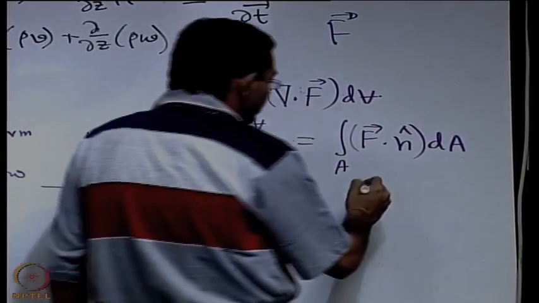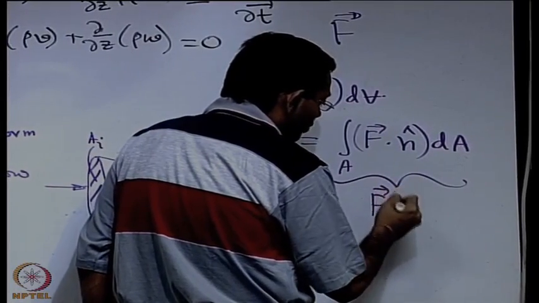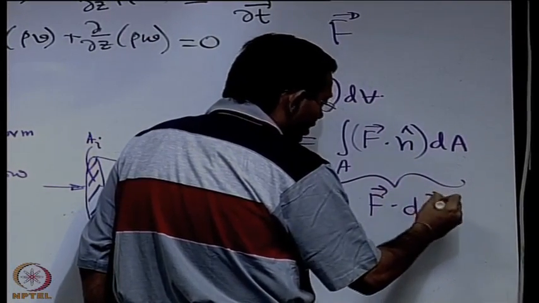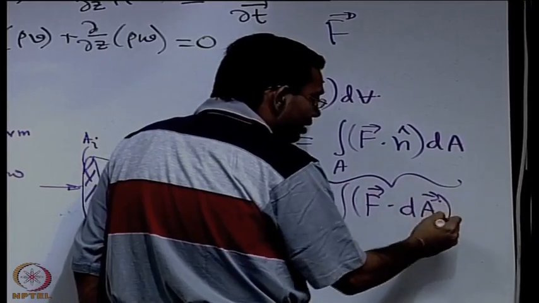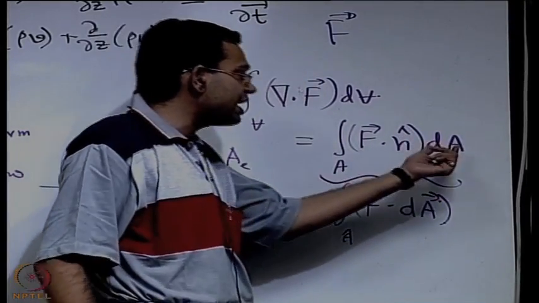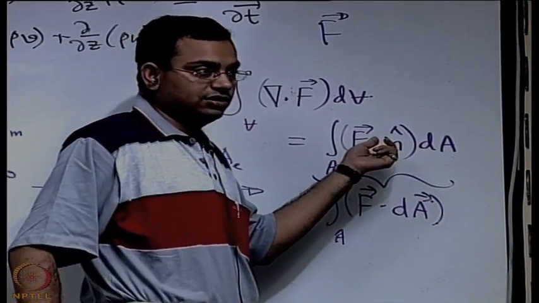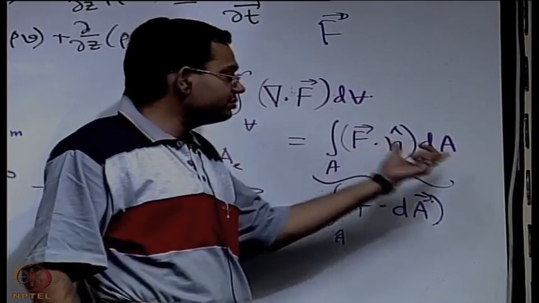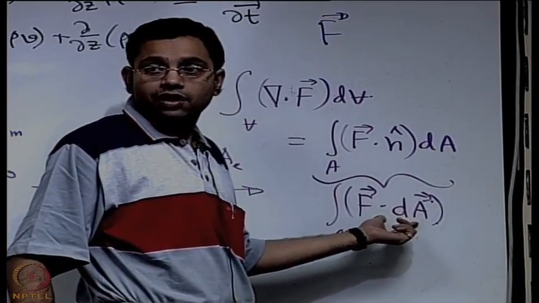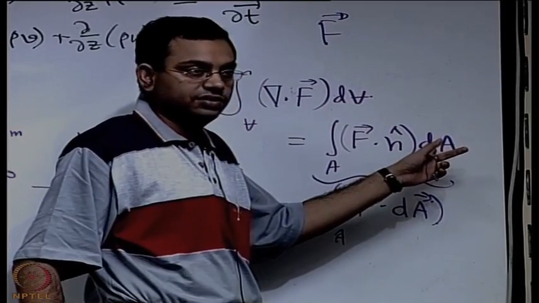Sometimes this is also written in an equivalent notation as f dot dA, by giving the area directly a vector sense. Giving an area vector sense is like the magnitude of the area times the unit vector normal to the area. So when you write dA as a vector, it is n cap dA scalar.